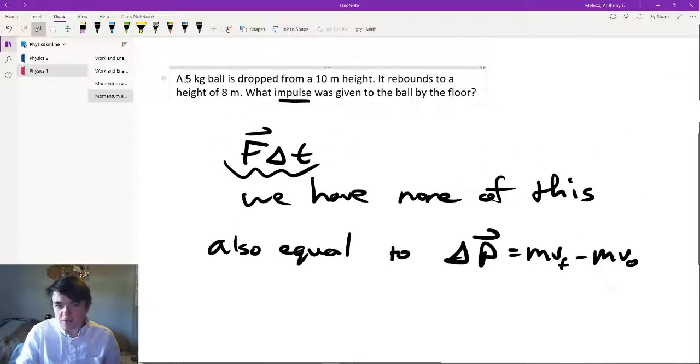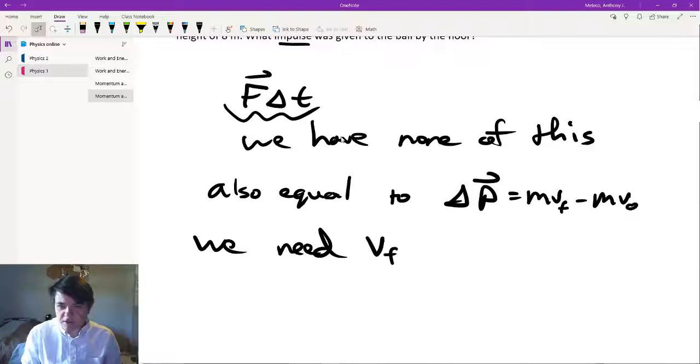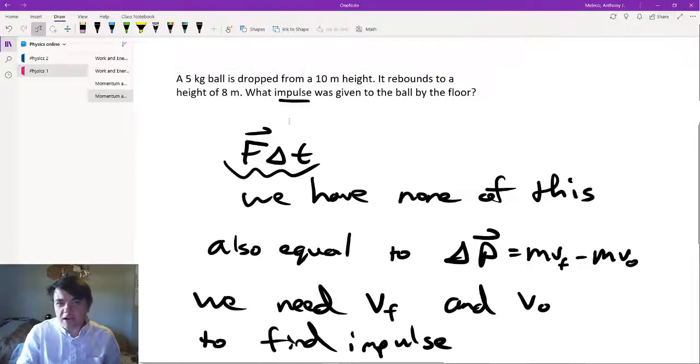We have the mass right here, 5 kilograms. So we need V final, we need the final velocity to find impulse. Okay. But all we have are the heights.